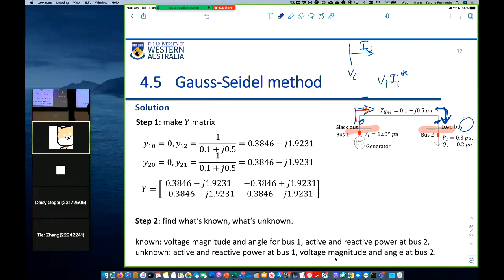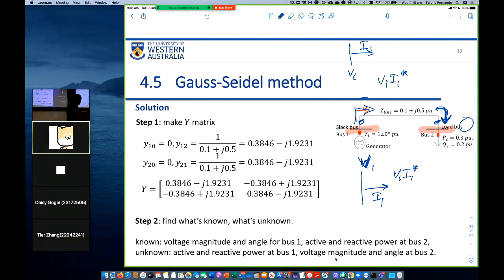So what I'm trying to tell you is if you know the voltage magnitude and angle at every bus, you can do other calculations that you need. One thing to keep in mind is if I have a voltage V1 at a particular bus, and the current flowing out is I1, the power flowing through there is V1 I1 star. We use that idea to write our power balance equations.